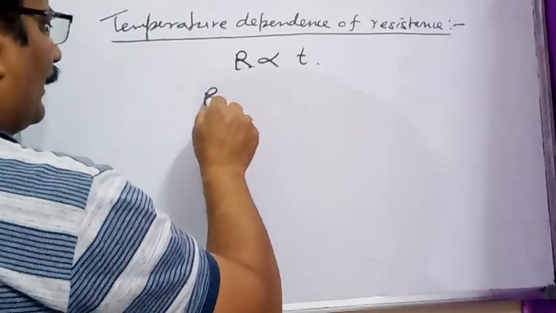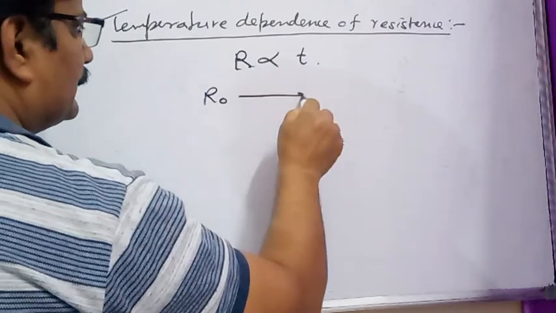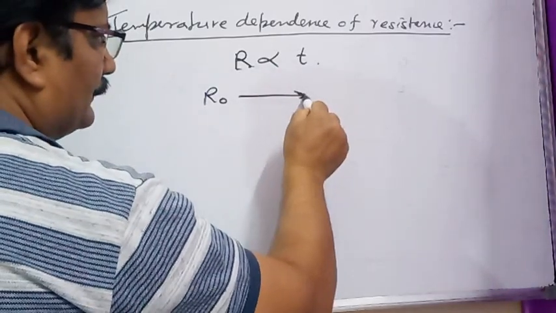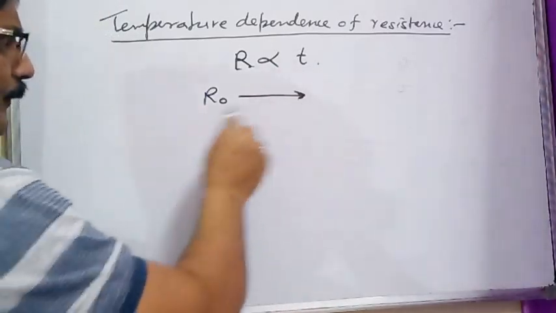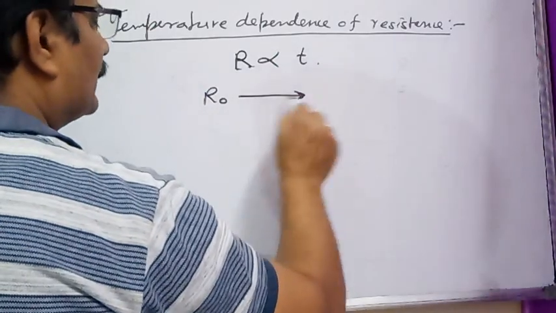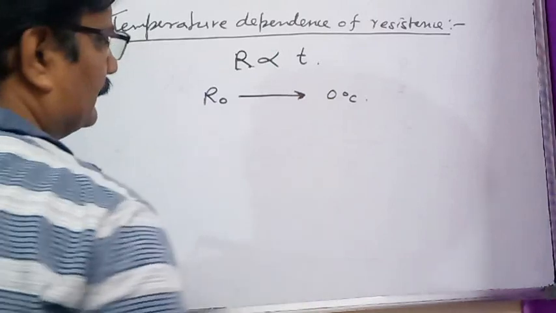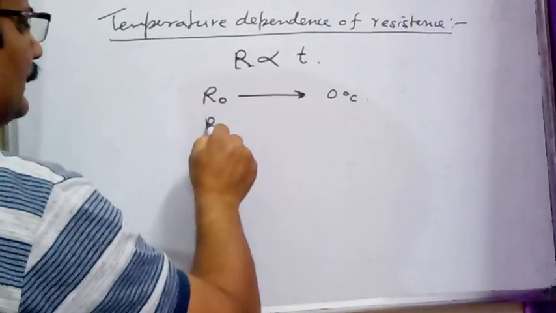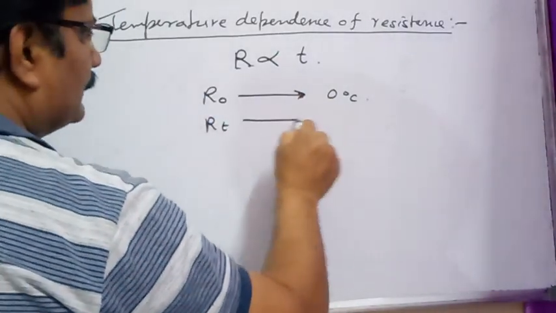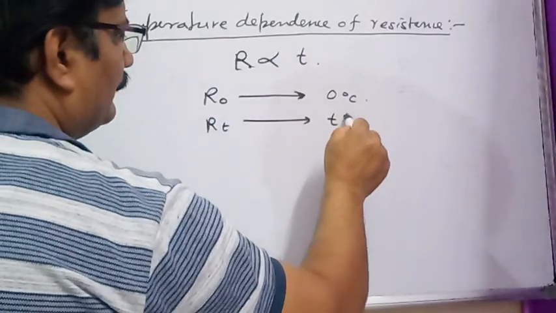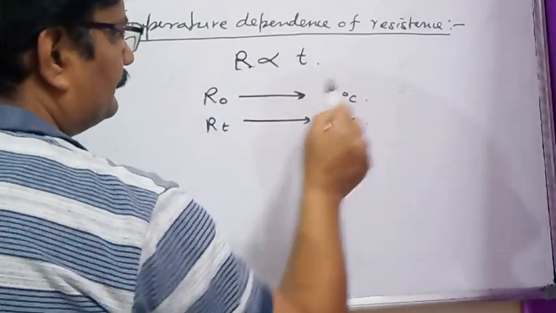Suppose R0 is resistance of a metallic conductor at temperature, suppose 0 degrees Celsius, and RT is resistance of the conductor at T degrees Celsius.